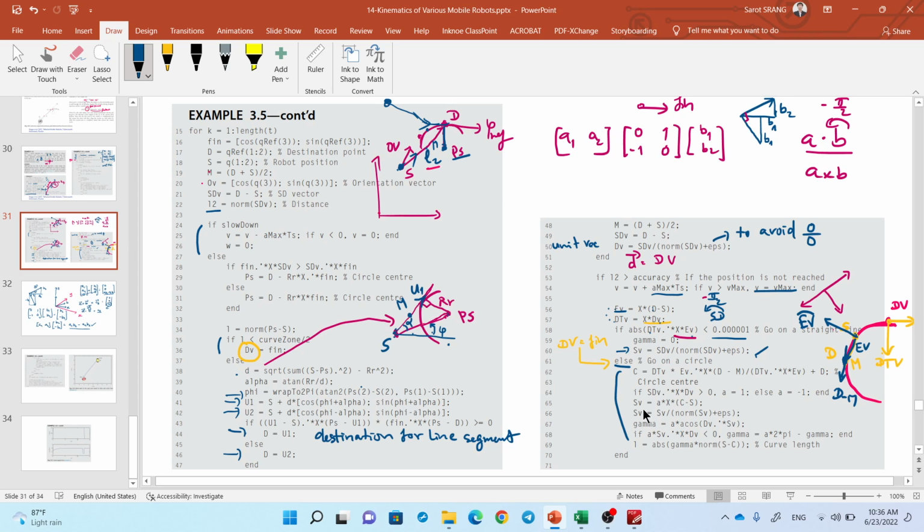I just want you to know the section that separates one case from another, and what happens from one moment to another, especially before it switches from the motion on the segment to the motion on the circle.